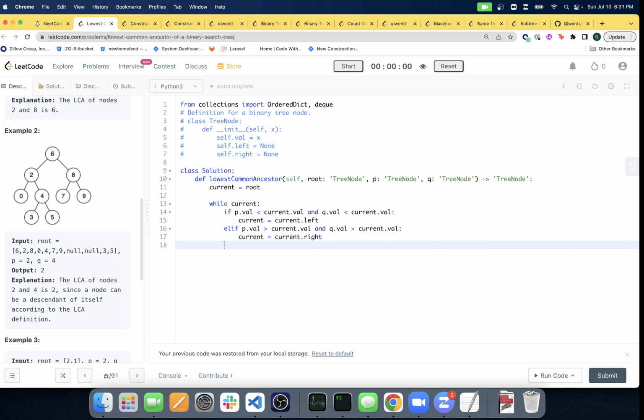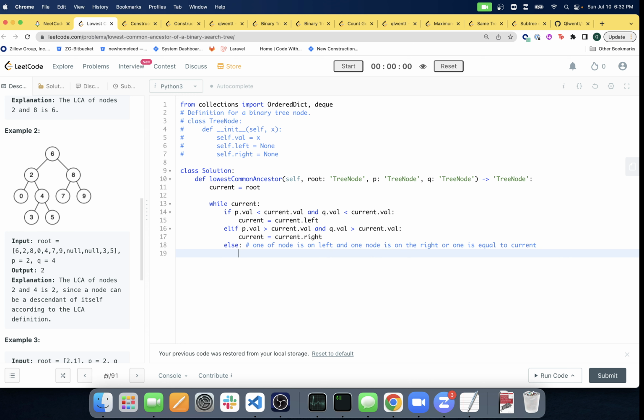So if neither of these are the case, there are 2 cases that are covered by this else statement. Else, this is going to mean one node is on the left and one node is on the right, or one is equal to current.